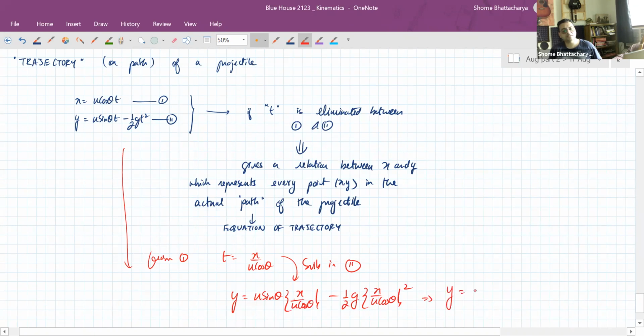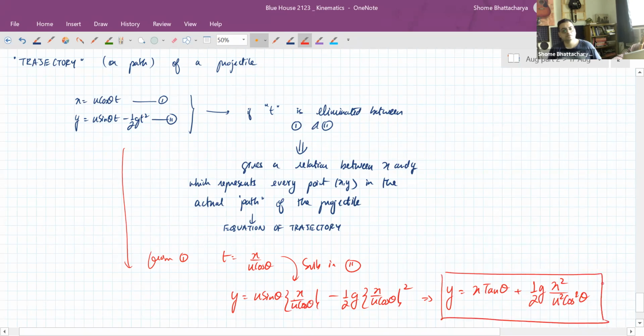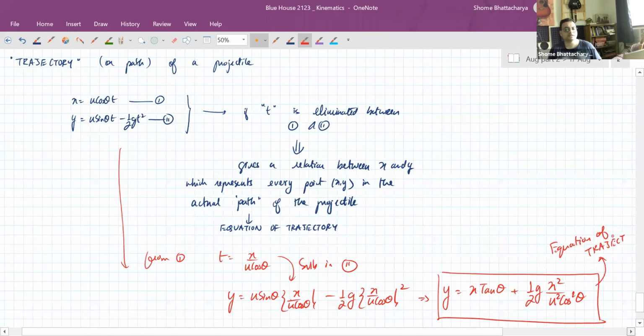That relation represents such a curve that all points on that curve satisfy this equation. They represent the actual points that the particle has gone through during the projectile motion. You notice here that this is a quadratic relation. I'll come to that. This is called the equation of trajectory for a projectile.